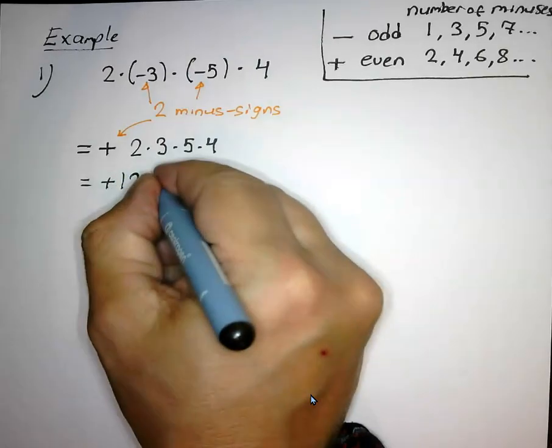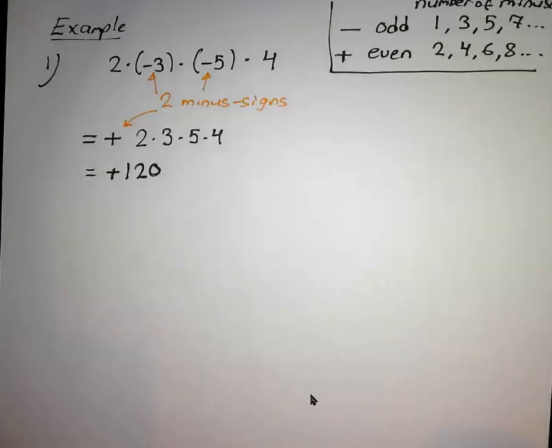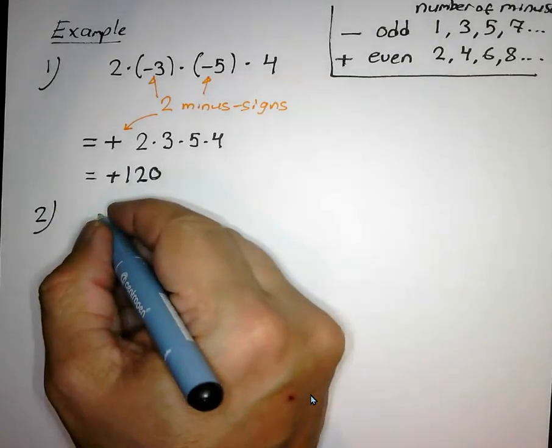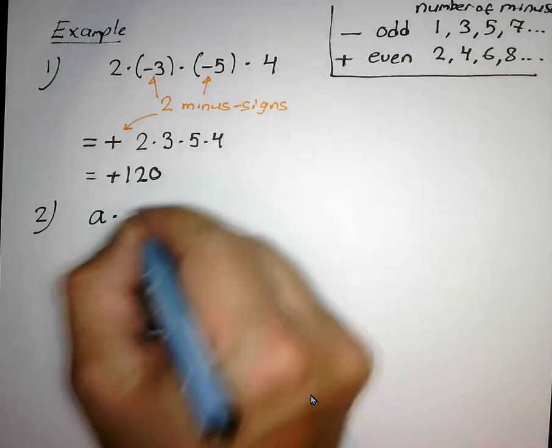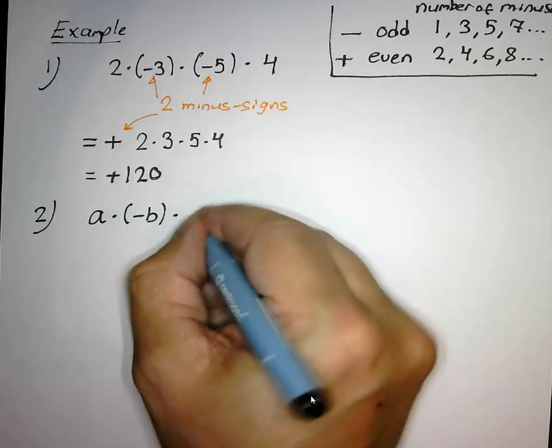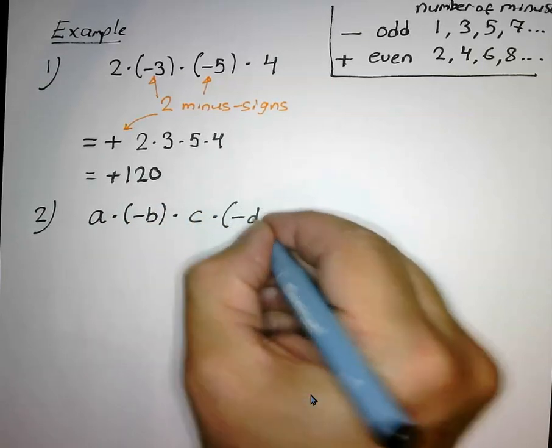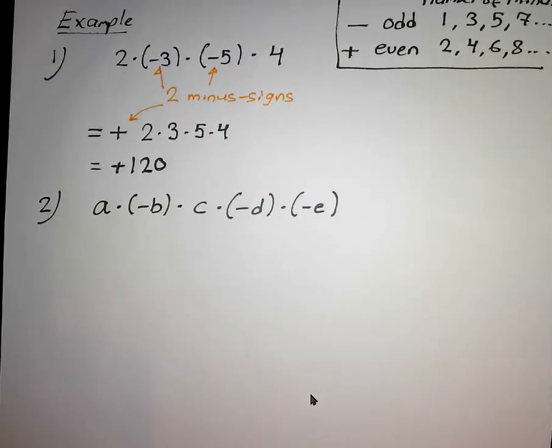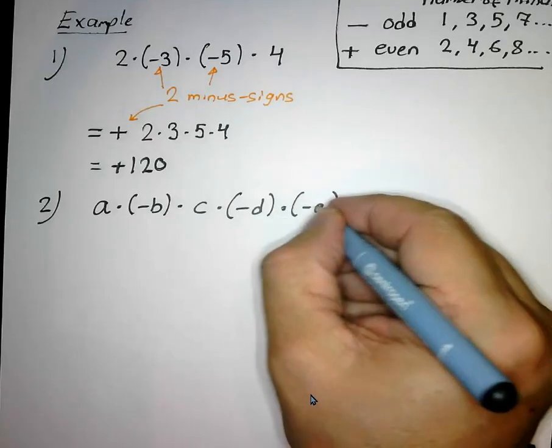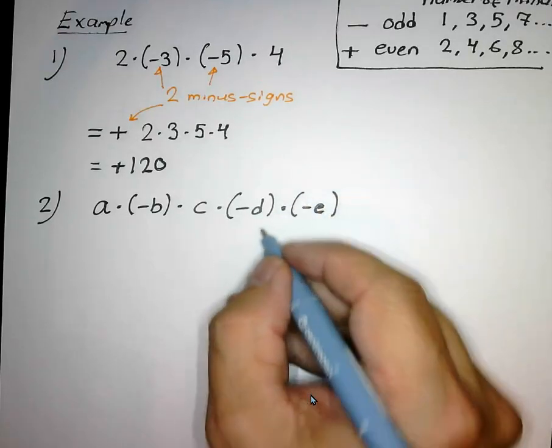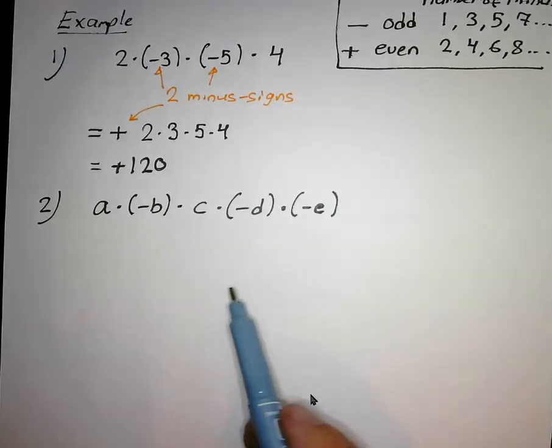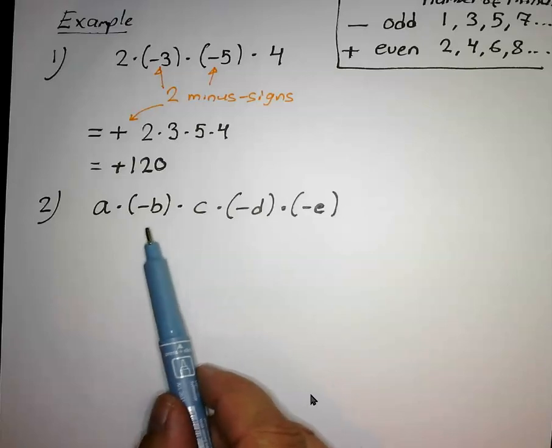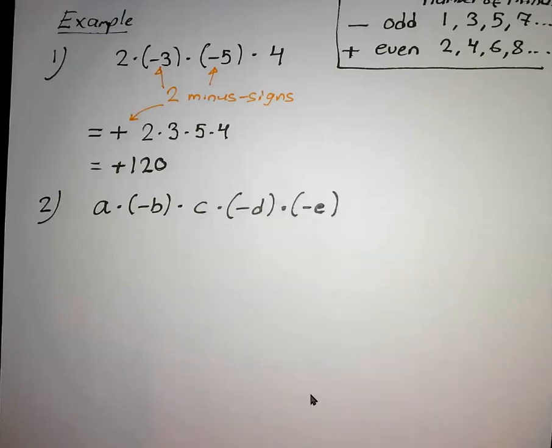And the same rule goes with letters. So for example, if you have A times minus B times C times minus D times minus E. In this multiplication, you have minus signs 1, 2, 3.